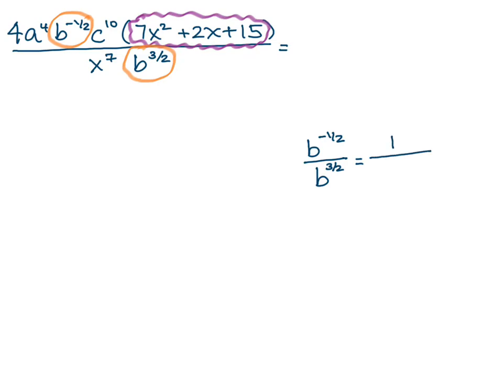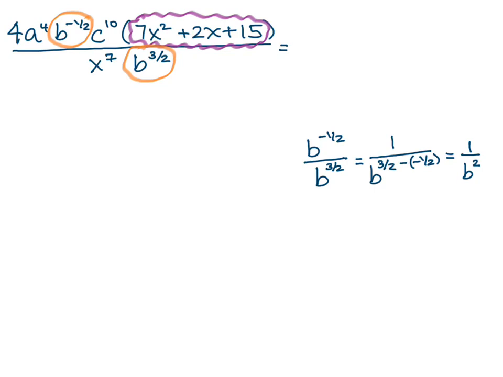So I'm going to make all of the exponents positive. So this is going to be 3/2 minus negative 1/2 if I move it to the bottom, which is going to give me a b squared in the bottom.